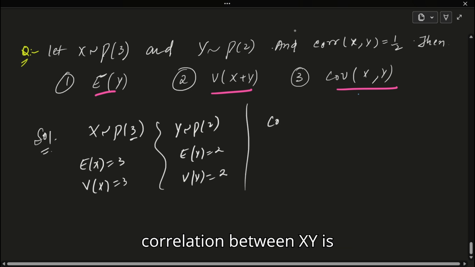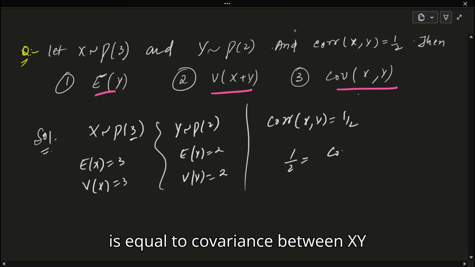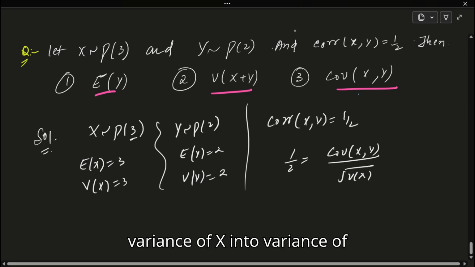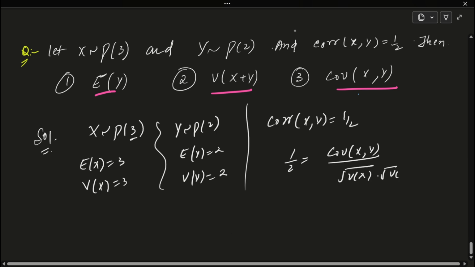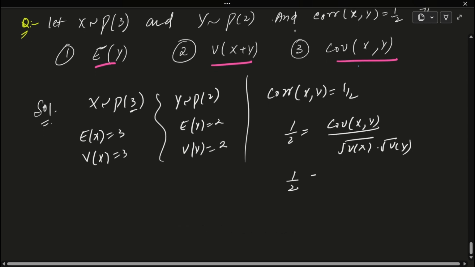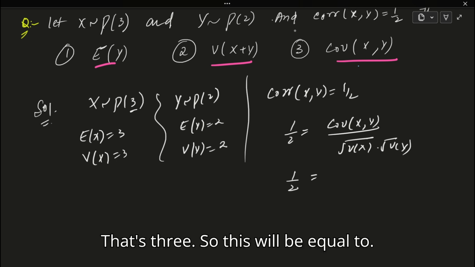The correlation between x comma y is 1/2, so 1/2 is equal to the covariance between x comma y divided by the square root of the variance of x into the variance of y, right? So from here, what's the covariance of x comma y? That's unknown. What's the variance of x? That's 3.